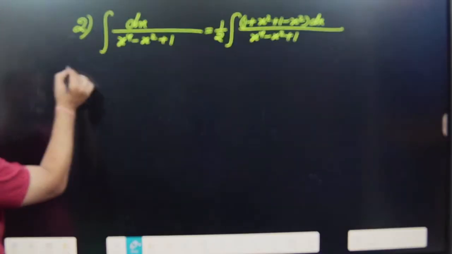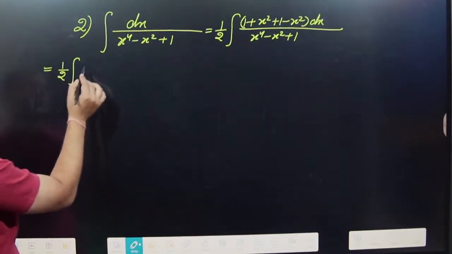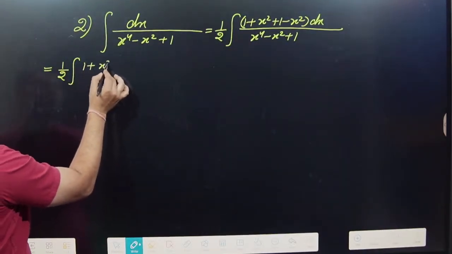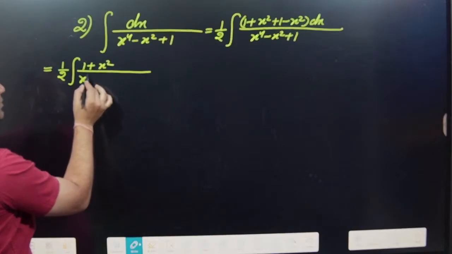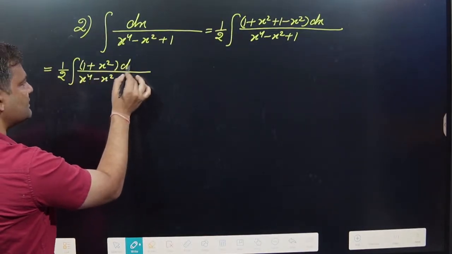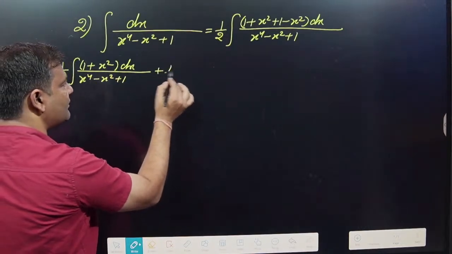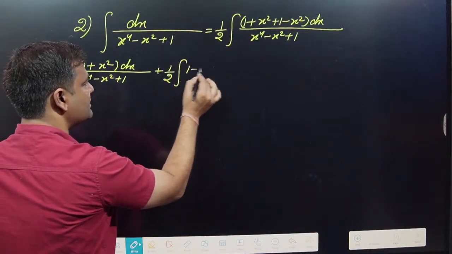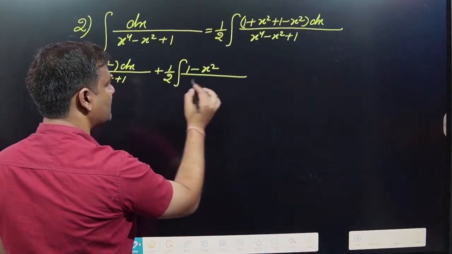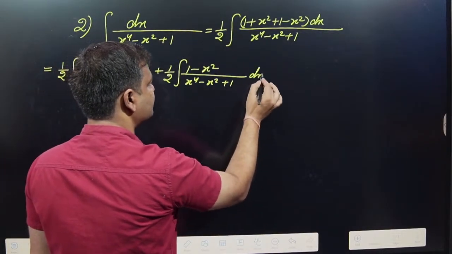Look here, this is 1 by 2 times the integration of 1 plus x square divided by x to the power 4 minus x square plus 1 dx, plus half of the integration of 1 minus x square upon x to the power 4 minus x square plus 1 into dx.